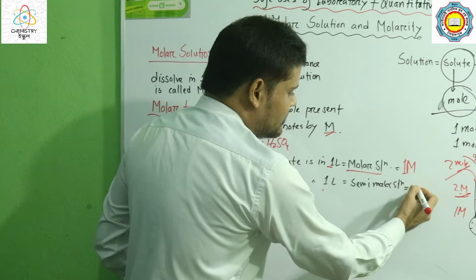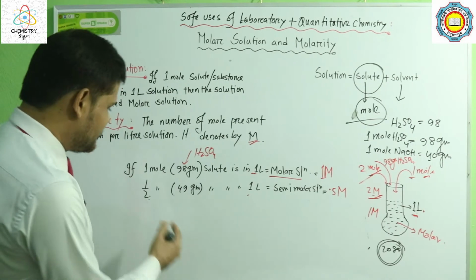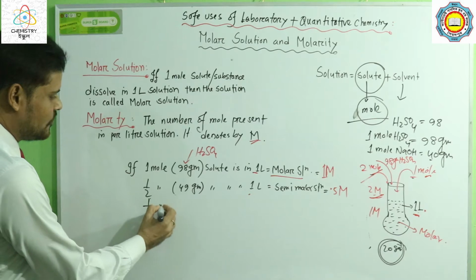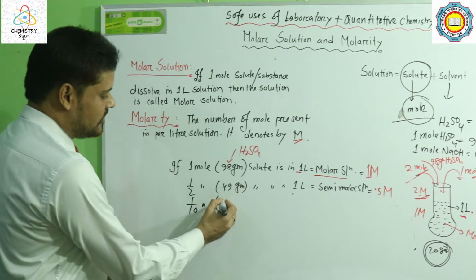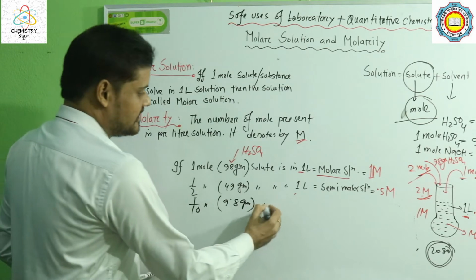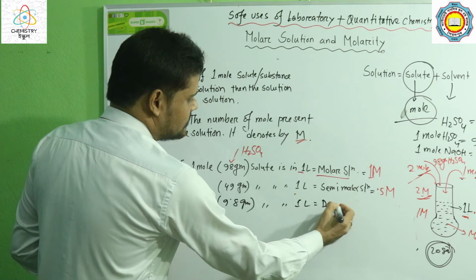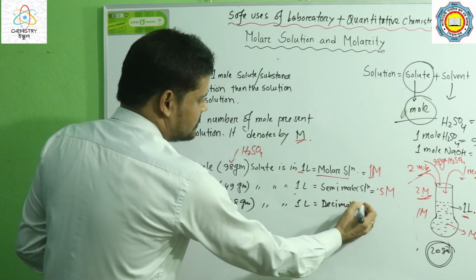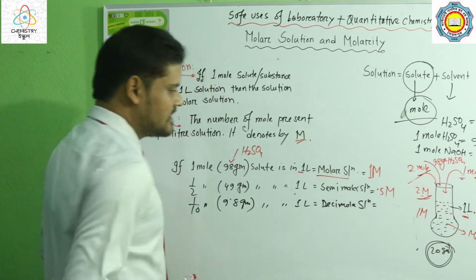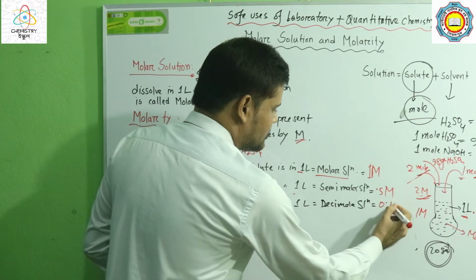Semimolar means the molarity will be 0.5M. And accordingly, if we dissolve 1/10 mole, I mean 9.8 gram of sulfuric acid in 1 liter, then it will be the decimolar solution for sulfuric acid, and the molarity will be 0.1M.